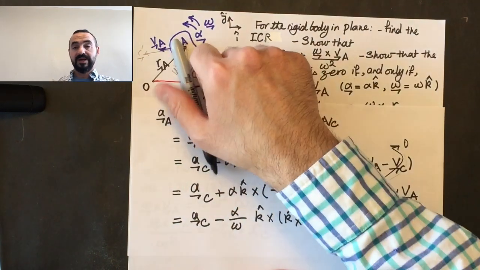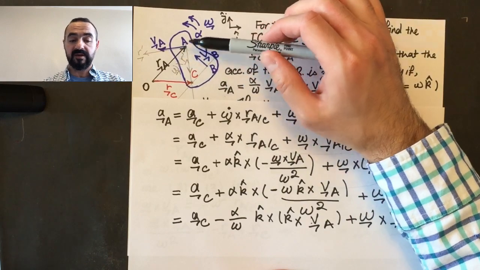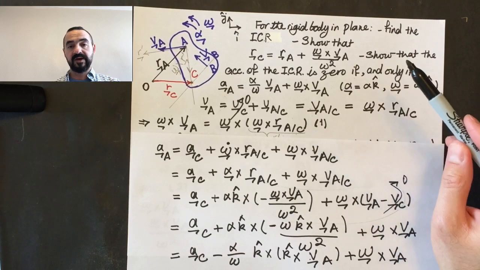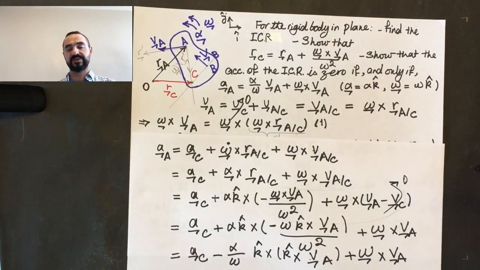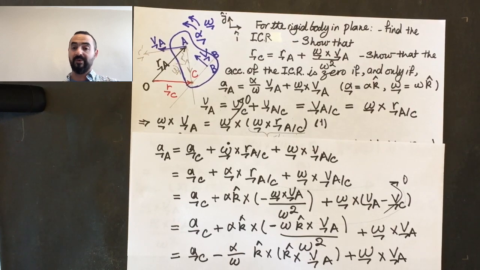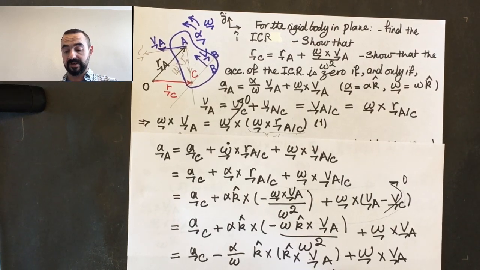If you do that, you get a vector pointing in the direction opposite to V A. Remember, at the end we had a vector pointing opposite to r A with respect to C. So you should have already guessed that this is a vector pointing opposite to V A. In terms of magnitude, this one is pretty easy because k hat's magnitude is equal to 1, so you already know the magnitude is equal to V A. So it is a vector with the same magnitude as V A pointing in the opposite direction. So it is negative V A.